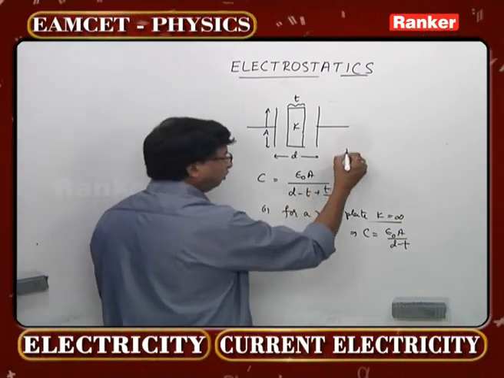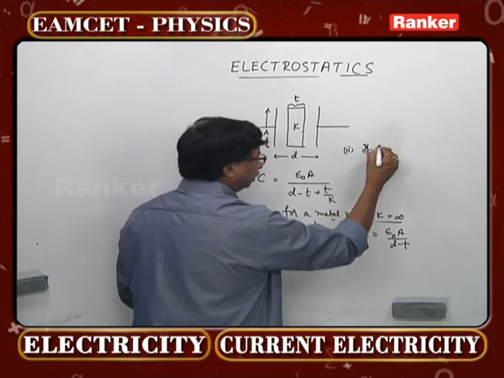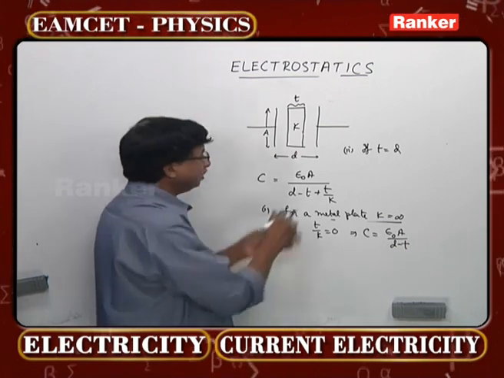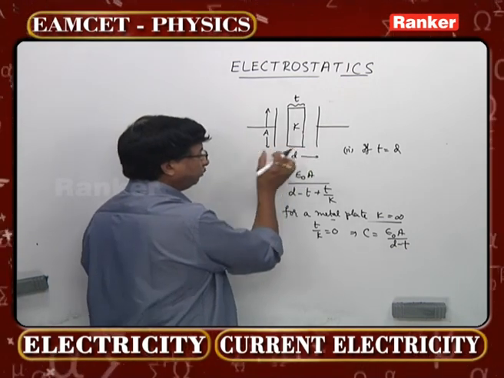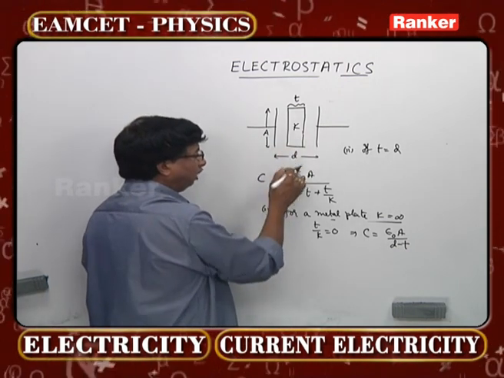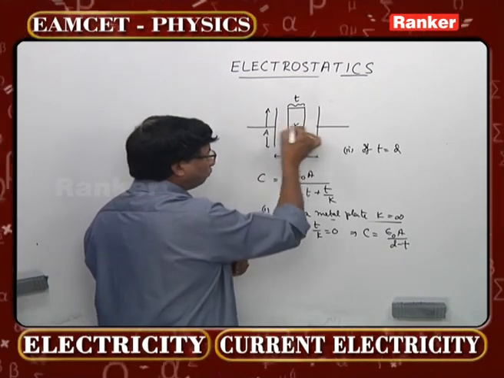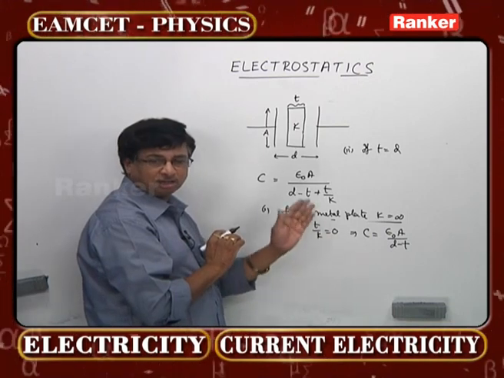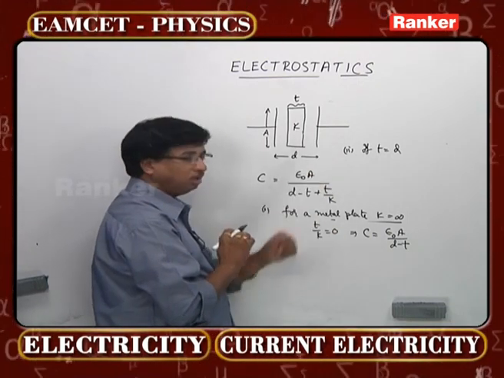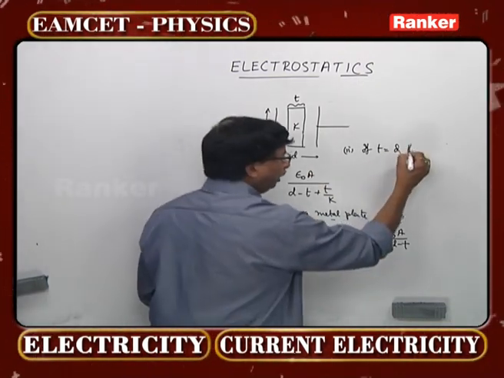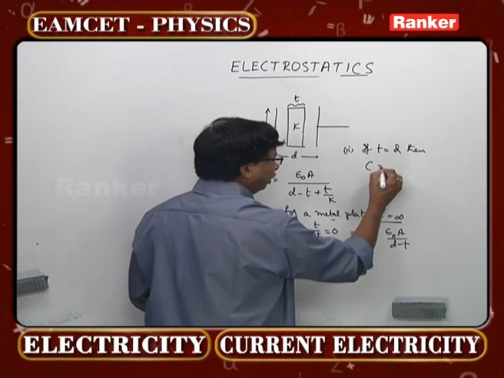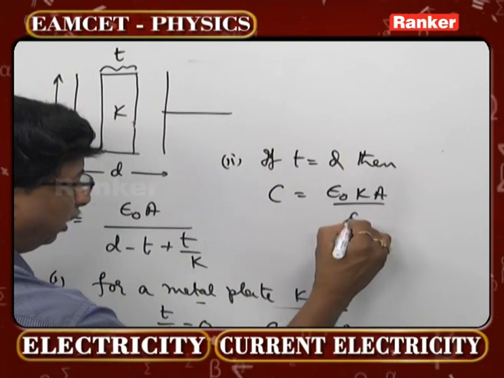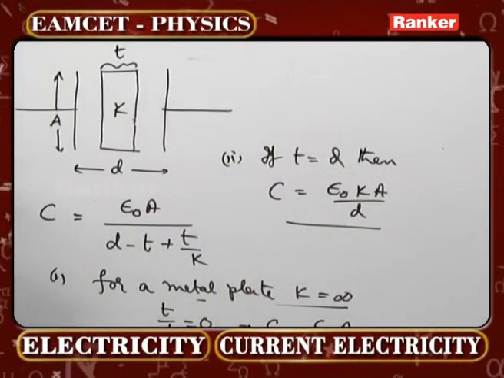Come to the second one, please. If the thickness is equal to the distance of separation between the plates, this is the distance of separation, this is T. If T is equal to D, what does it mean? The total space between these two plates is completely covered with a dielectric of constant K. Then what can we write here? Then C will be epsilon naught K A by D. Directly you will get the formula.